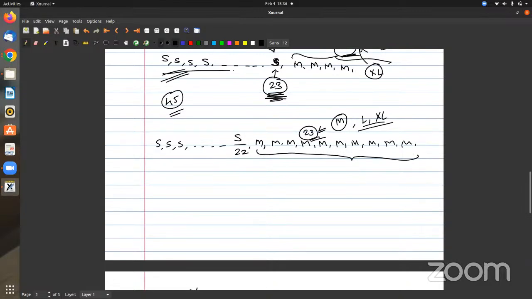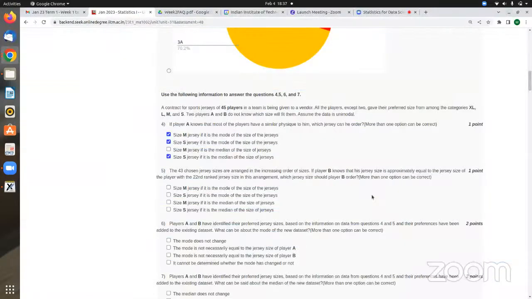Because if this is S size jersey, I'm clearly sure that all the initial players are having S size jersey, and the remaining players can have M, L, and XL. But here there is no confirmation that all these 23 players are having the same M. There is a probability of XL and L coming in. So I think that is the explanation behind that.